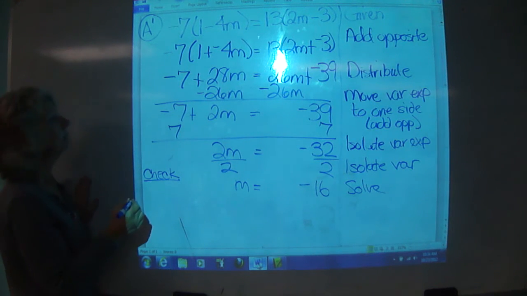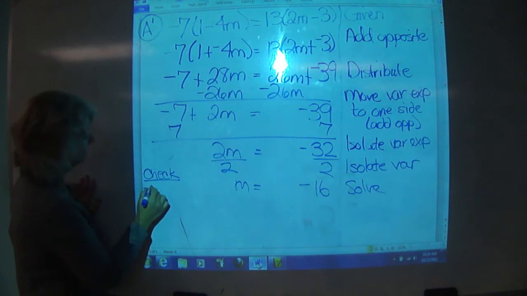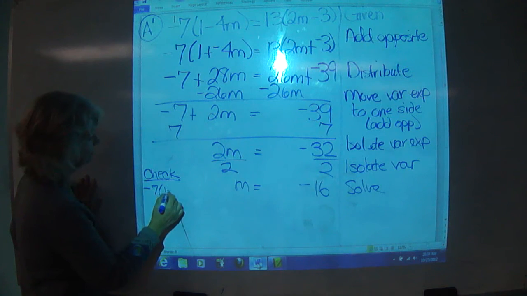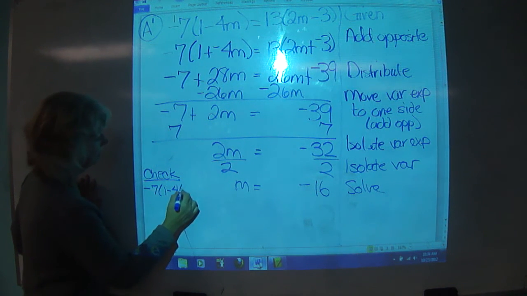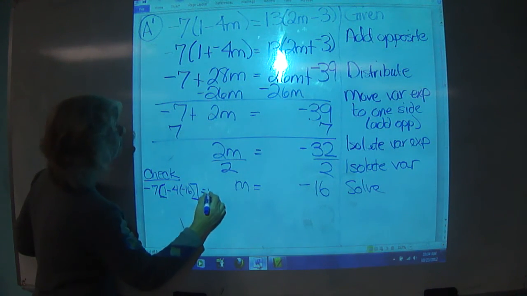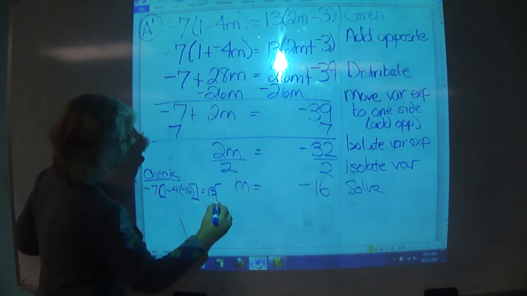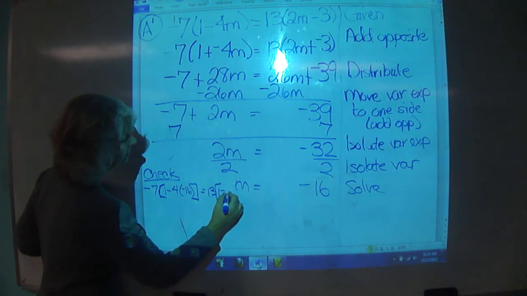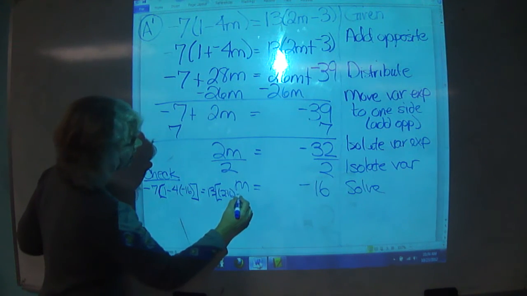Everything has to do with overall solution, because they're operations. -7 times quantity 1 minus 4 times negative 16, I'll make those brackets, equals 13 times 2 times negative 16 minus 3.